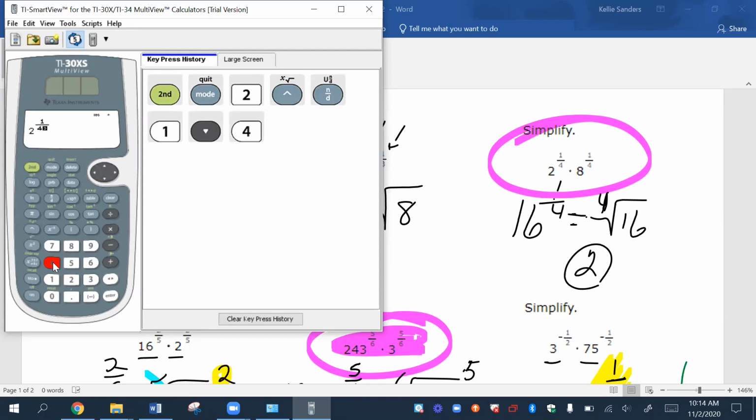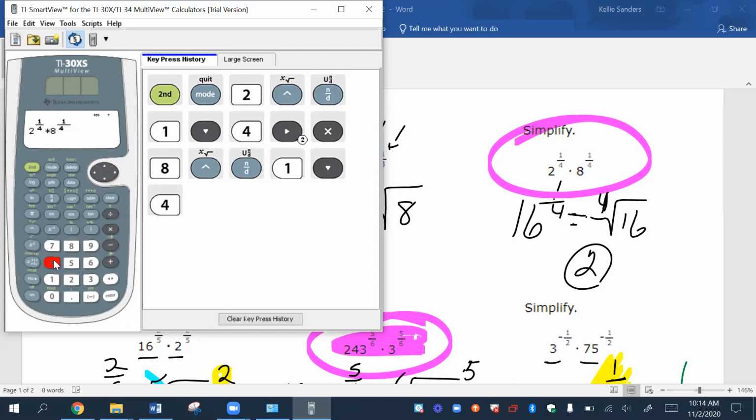And then because we're multiplying, we're going to scroll over and do times 8 exponent fraction 1 over 4 and press enter, and you would get to what I got a while ago. Okay, so that's that one.